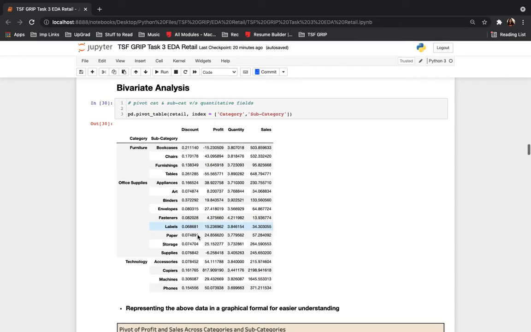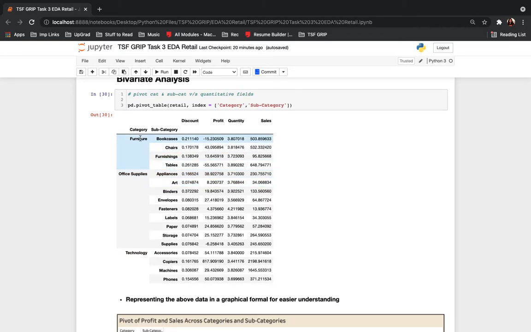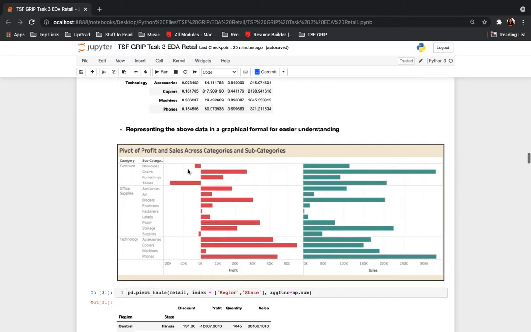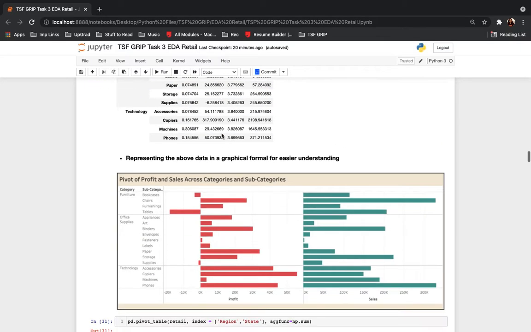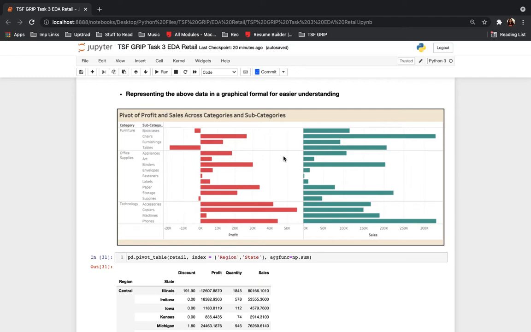Moving on to the bivariate analysis. What I've done here is I've taken a pivot of category and subcategory. So I wanted to understand for which category, what are the subcategories which have a certain profit and which are highly discounted. So in order to do that, I have taken a pivot, but it felt better having a representation.